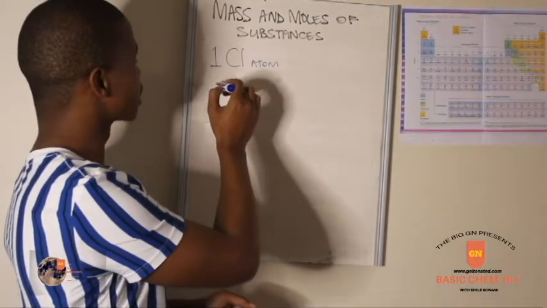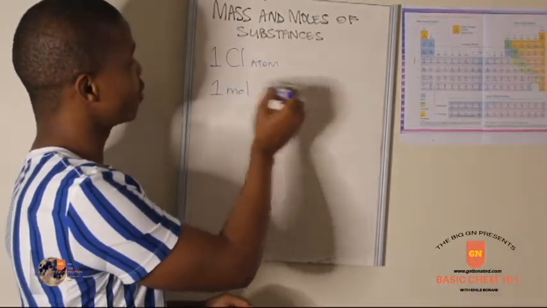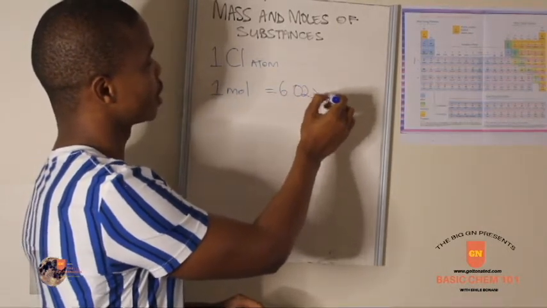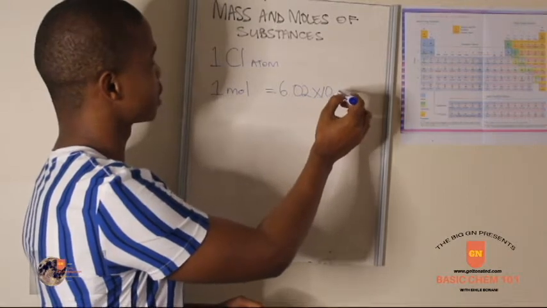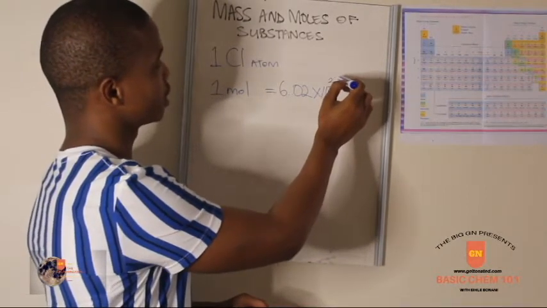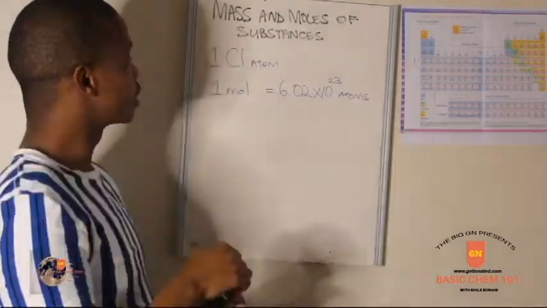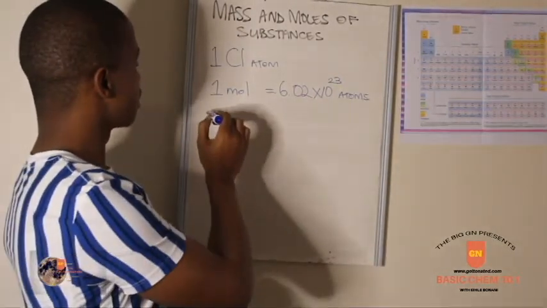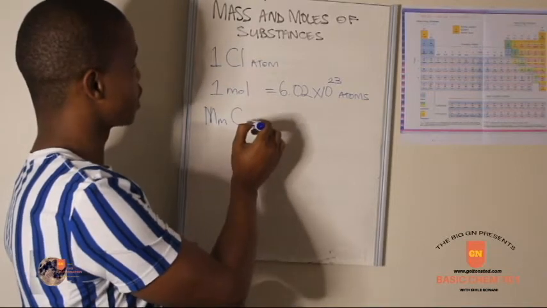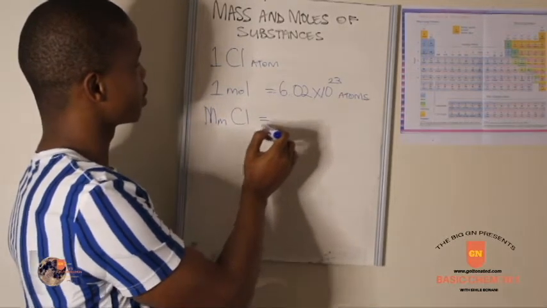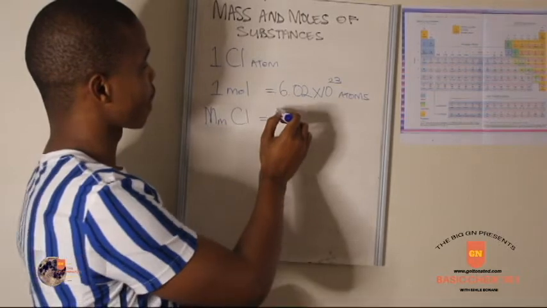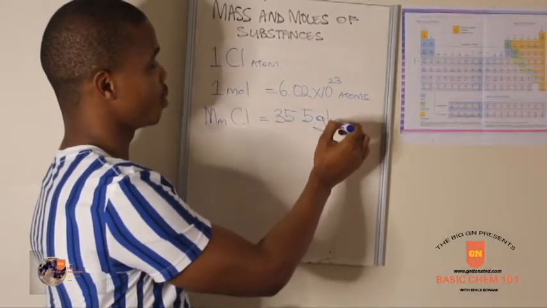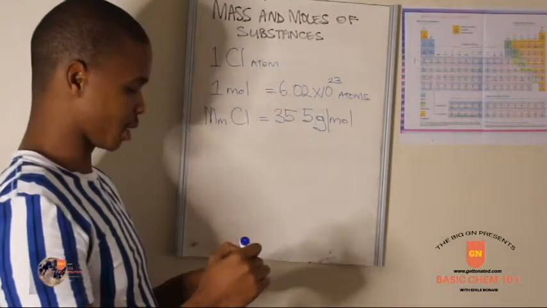Remember, we know that 1 mole of any substance is equal to 6.02 times 10 to the power 23 atoms. Now, we also know that the molar mass of chlorine is equal to 35.5 grams per mole.